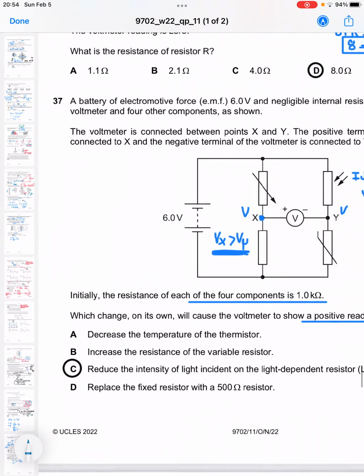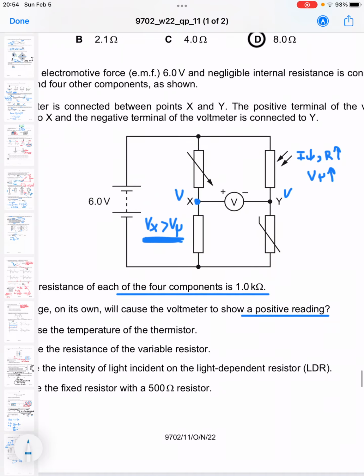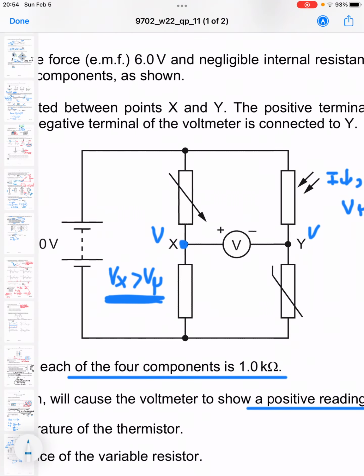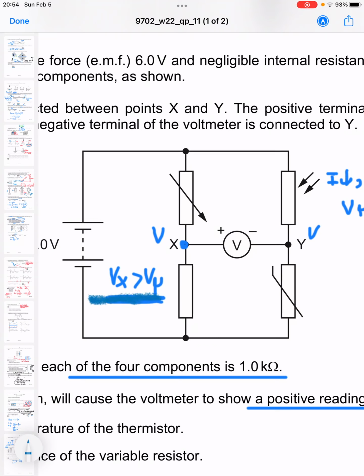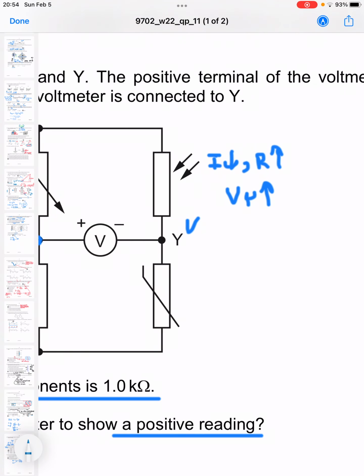Question number 37 says, what changes would cause a positive reading? So in order to make a positive reading, the voltage of X must be greater than the voltage of Y. So voltage of X can be greater than the voltage of Y when the intensity of the light on the light dependent resistor decreases and its resistance increases.